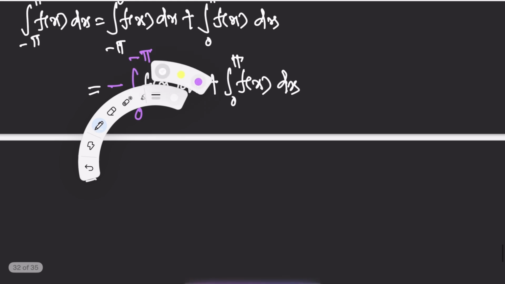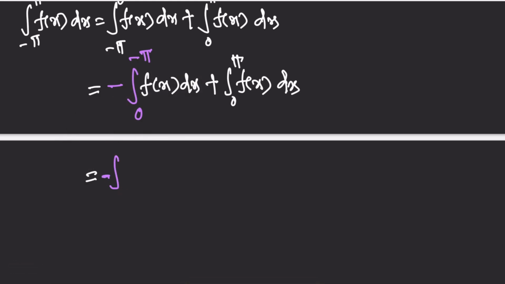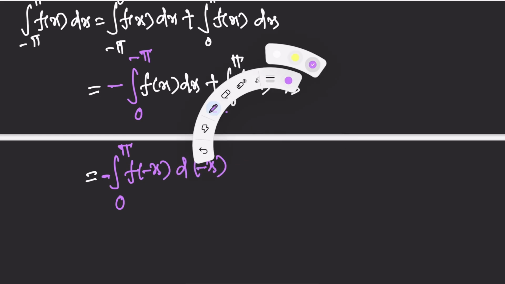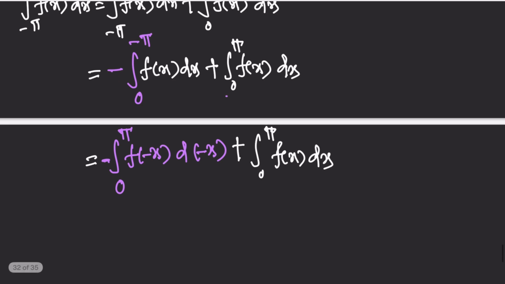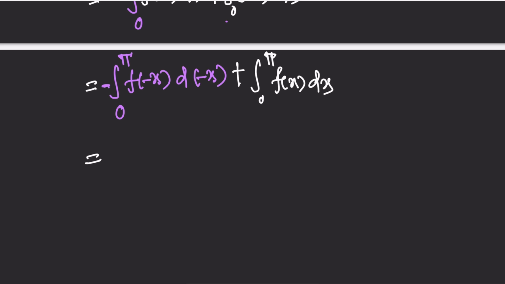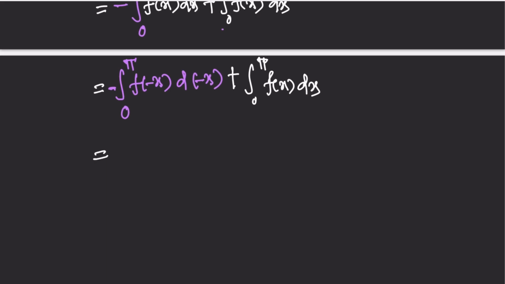Since f of x is an even function, f of minus x becomes f of x.